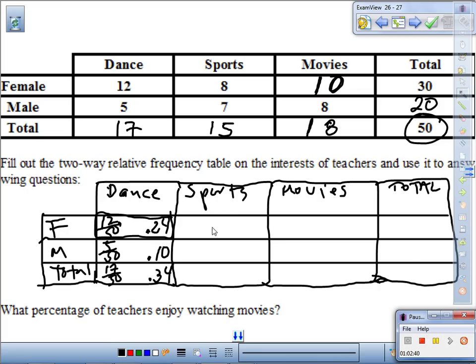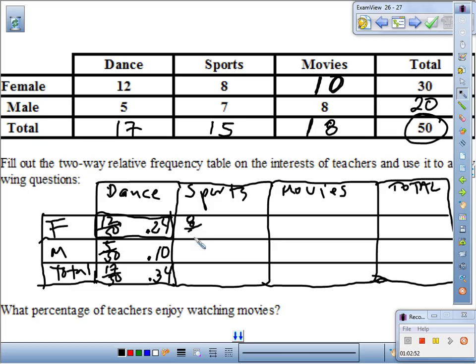All right, Luker, give me the column of sports. How much is the female? What do I write? Very good. 8 over 50, which is 0.16, about for males. 7 over 50, which is 0.14, and the total, 15 over 50, which is 0.30.